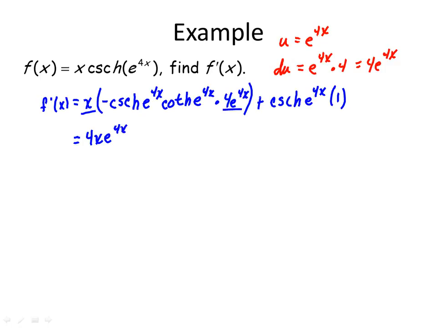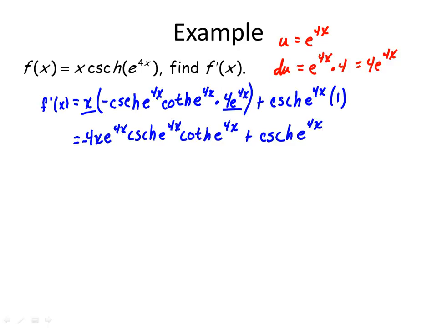Those are the coefficients. And you can throw the negative. So now you're going to have negative 4x e to the 4x, and it's going to be cosecant hyperbolic e to the 4x, cotangent hyperbolic e to the 4x, plus hyperbolic cosecant e to the 4x. And that's all you can do with that.